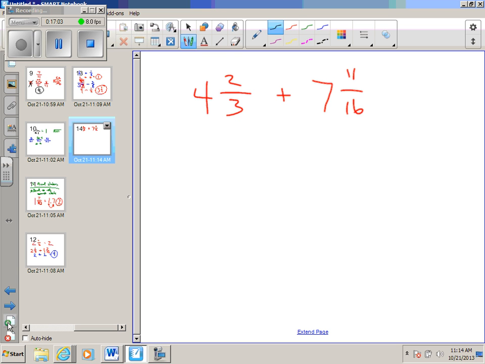Is it greater or less than half? Greater. So 4 2/3 rounds to 5. 7 11/16. How many 16ths is exactly half? 8. Is that 11 greater than the 8? Therefore, 7 11/16 rounds to 8. 5 plus 8 is 13.